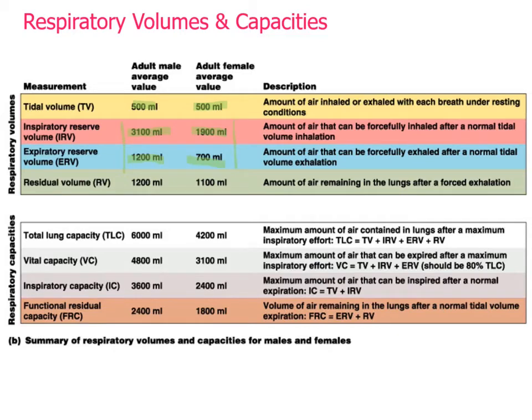So on average, that would be 1.7 liters more in a male than an average female, which is a significant difference. The chest is larger in terms of the space in the thoracic cavity in the male, and an average male is overall larger and so has a bigger IRV and ERV.